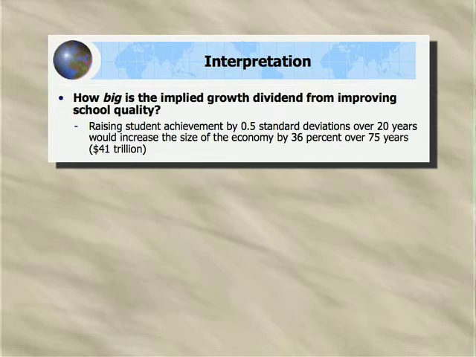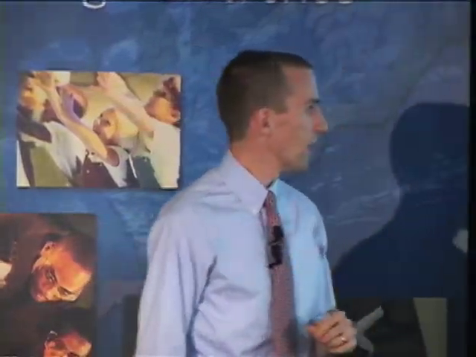They find that raising student achievement by half a standard deviation over 20 years, something that would bring the United States not quite to the level of the highest performing countries on PISA, but in that ballpark, from its below average ranking to the top 5, if we did that gradually over 20 years, would increase the size of the economy by 36% over a 75-year horizon. Obviously, most of those benefits would be reaped downstream because the labor force needs to be replaced by new workers. But even so, that would amount to $41 trillion.